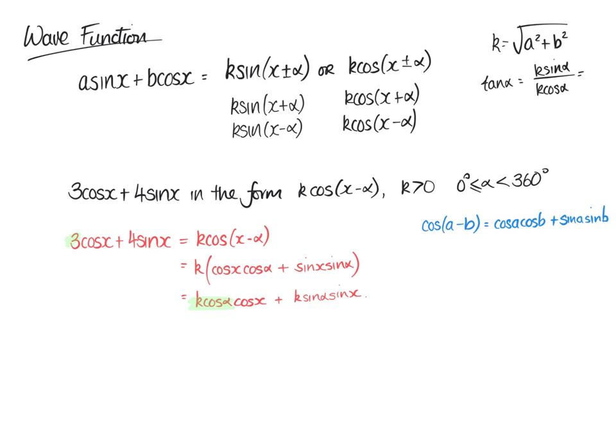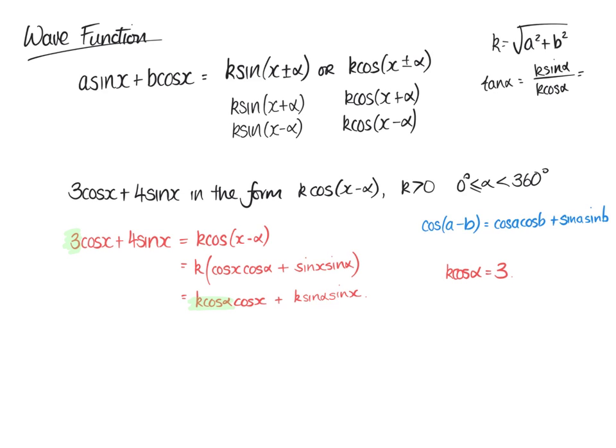In front of our cos x, we have a 3. And we know that k and alpha are just numbers, so we know that k cos alpha is equal to 3. That's our first place we can start.